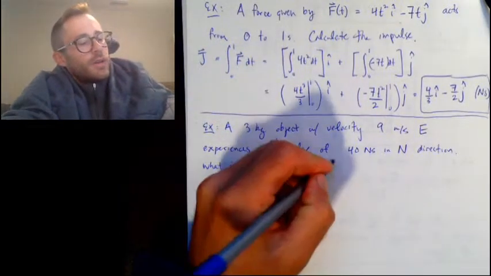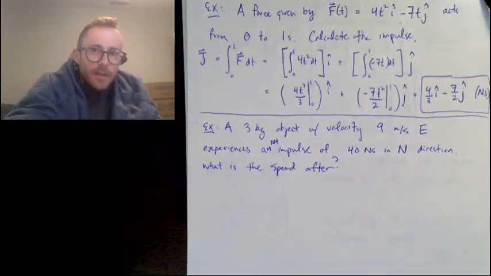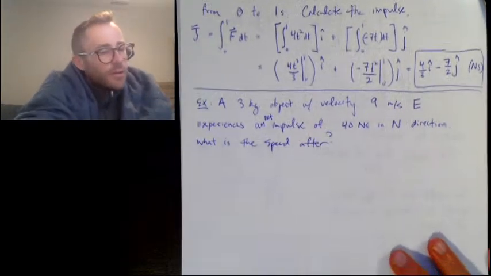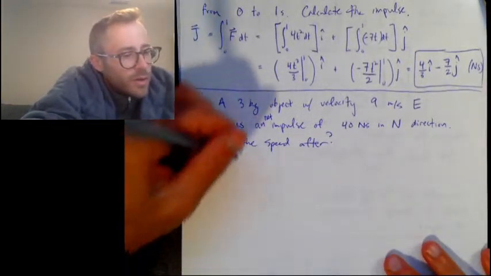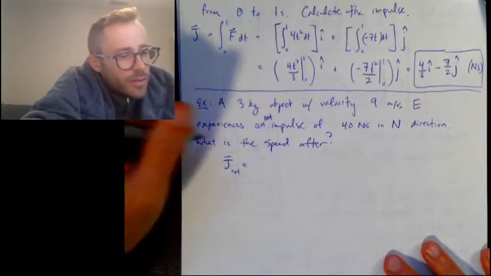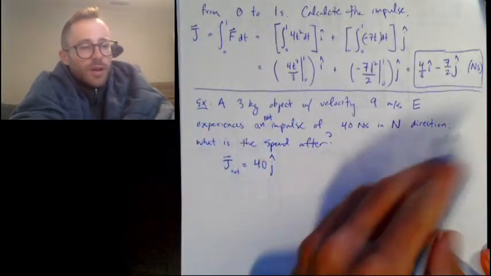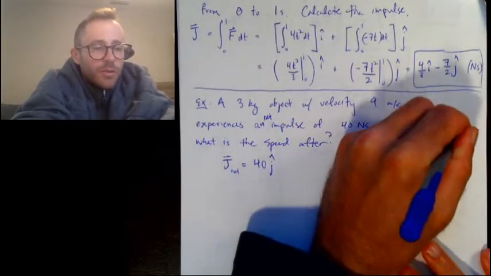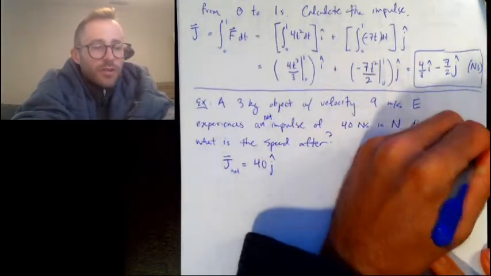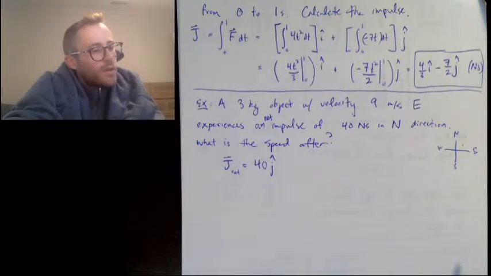All right. So that's the net impulse. First of all, the impulse due to the net force is going to be 40 j hat, because I'm taking north, south, west, east, so the j direction is northward.